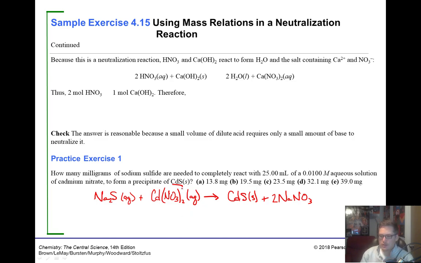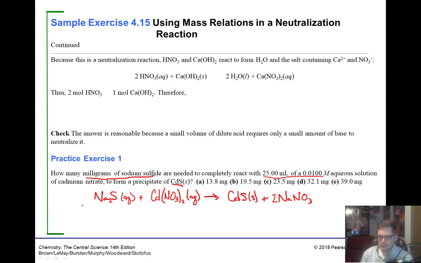Now, the trick is now we've got a balanced chemical equation. We need to find how many milligrams of sodium sulfide we need to completely react with this volume and concentration of cadmium nitrate. All right, so we're starting with cadmium nitrate. Now we need to figure out, we're going to go from molarity to milligrams.